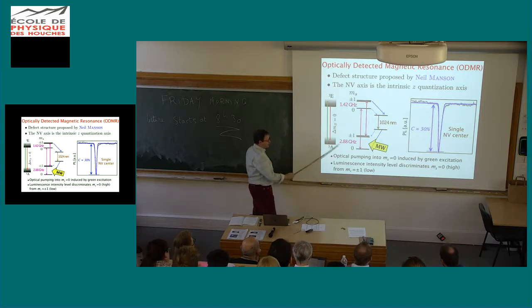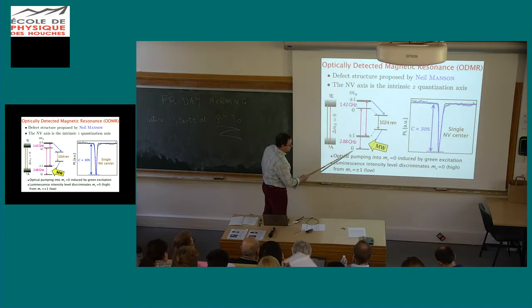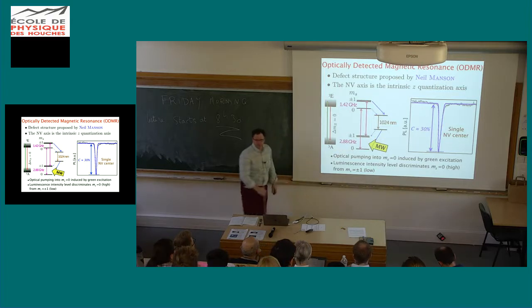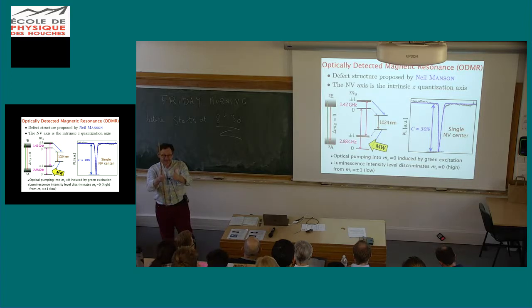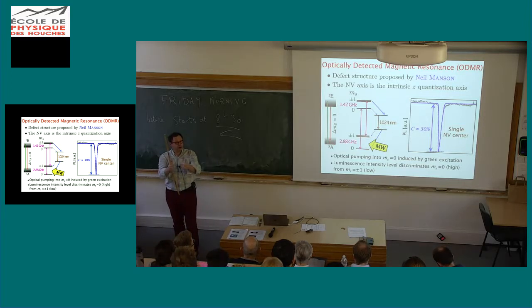So basically you have the spin structure S equals 1, so the triplet state, and in the triplet state we have 2 electrons. These 2 electrons will magnetically couple to each other.